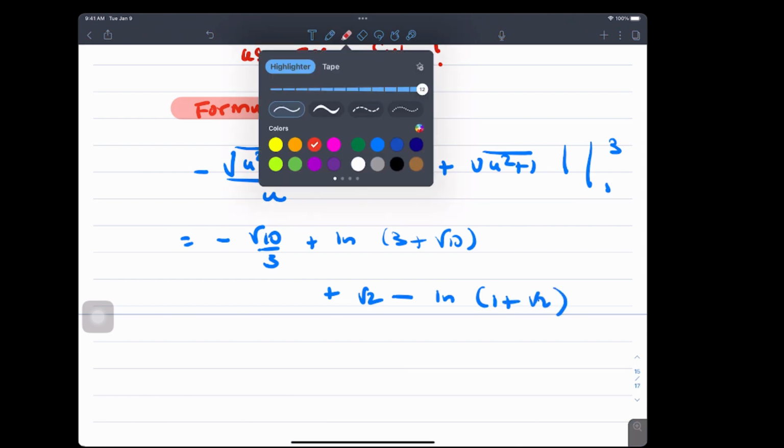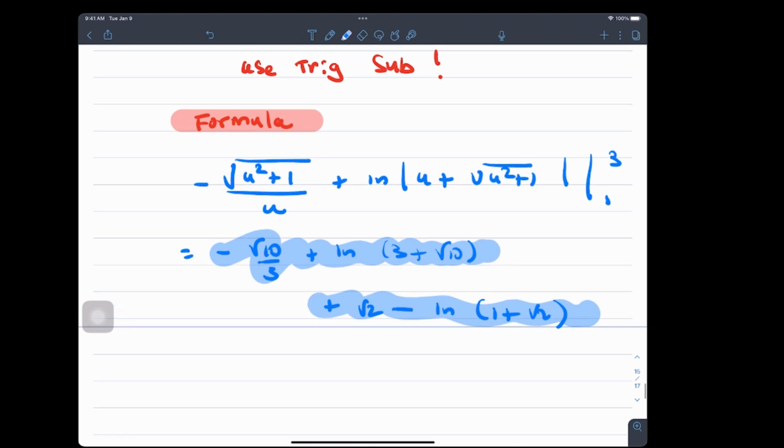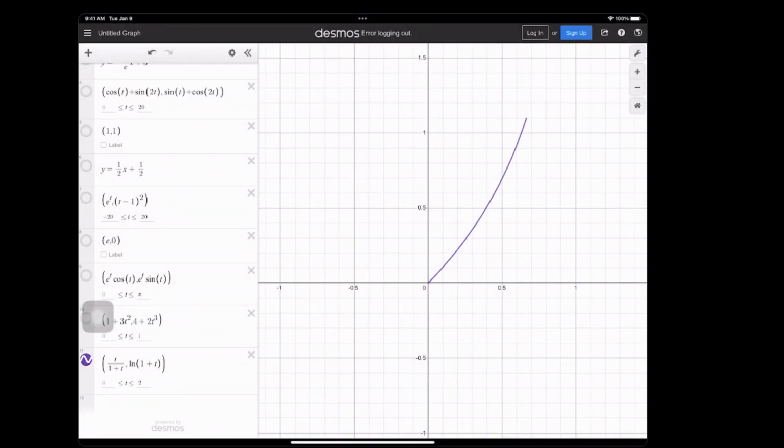So using u sub or using that formula in the book, you're going to get a nice answer like this. But notice the interesting thing. This is a little bit sophisticated in terms of a number, and that corresponds to just a very simple curve there, as you guys can see.